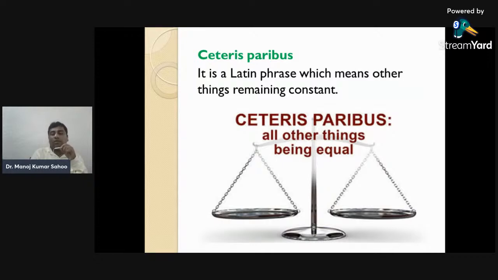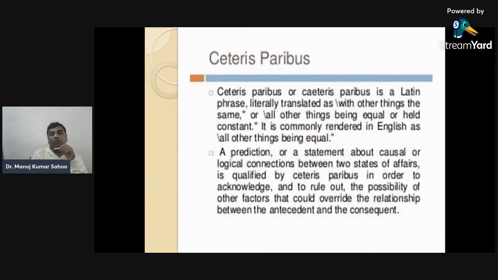So ceteris paribus basically talks about a prediction or a statement about causal or logical connections between two states of affairs, and it's qualified by ceteris paribus in order to rule out the possibility of other factors overriding the relationship between the antecedent and the consequent.